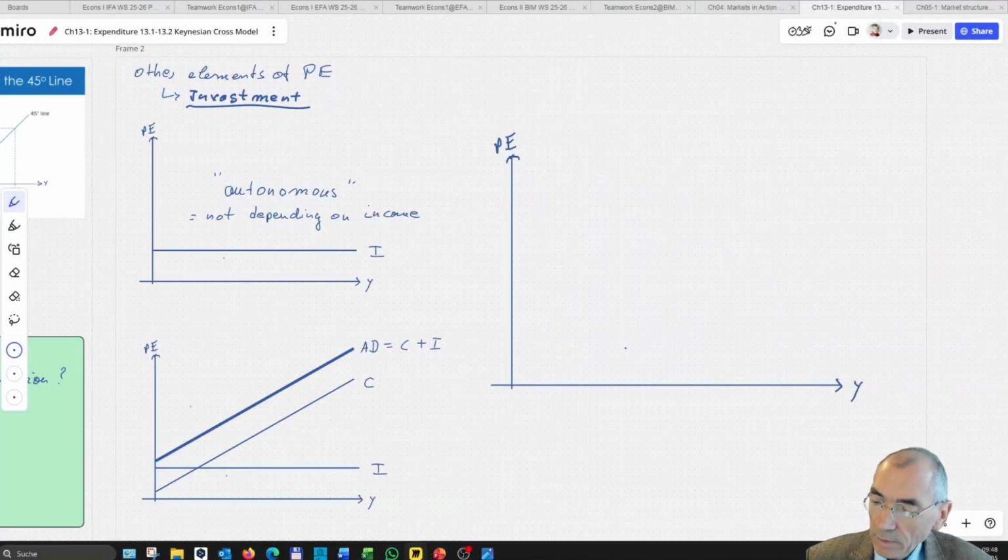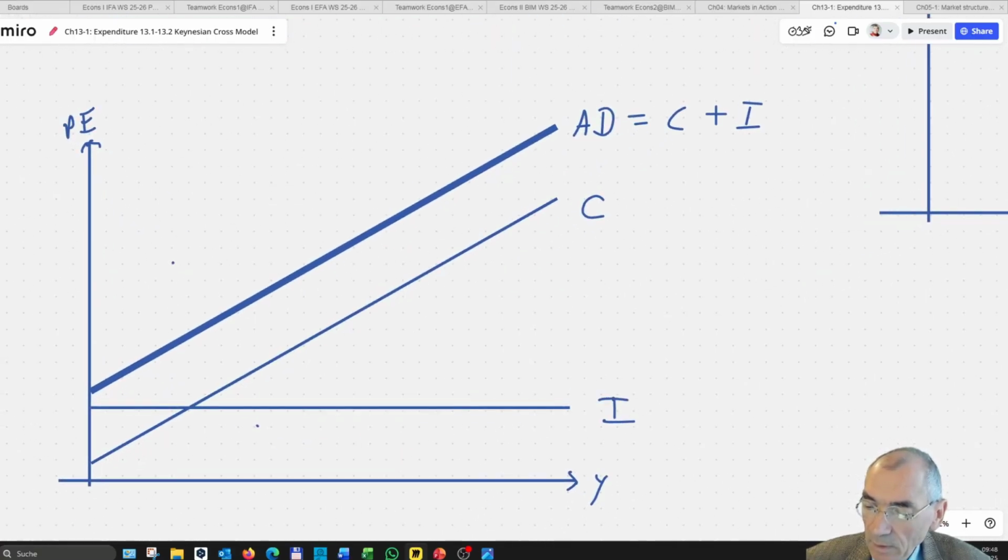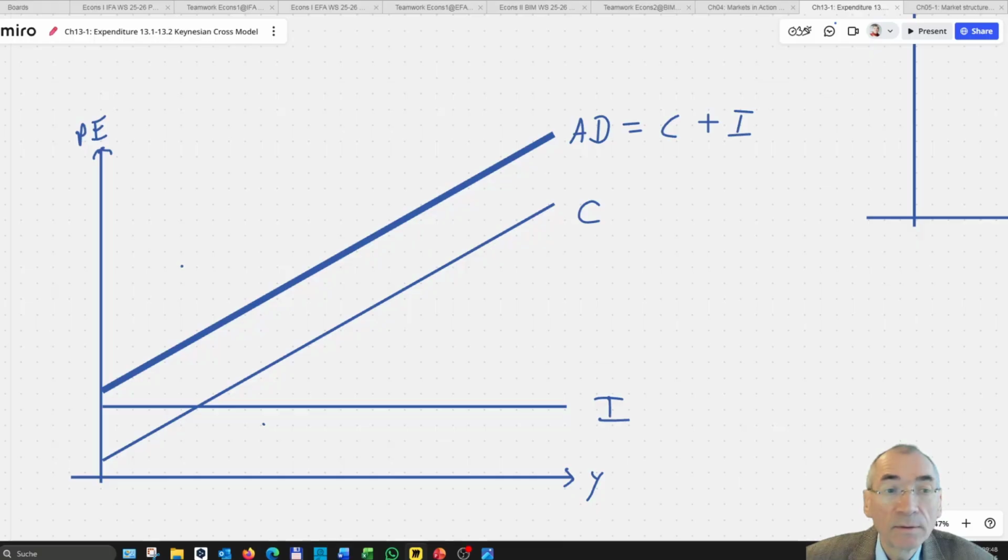Which we also have here in our graph, the autonomous investment up there, and then the aggregate demand from these two functions. We can also add the values here, which gives us the possibility to now ask for the equilibrium, because that was what we wanted to do.